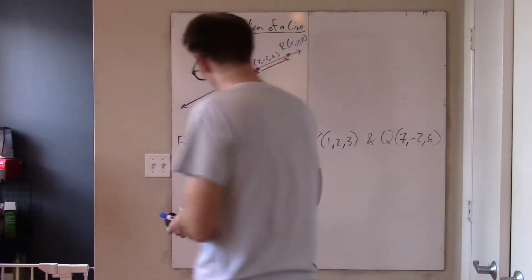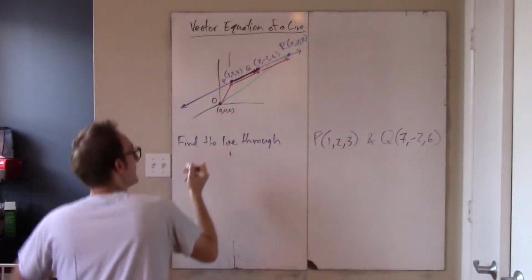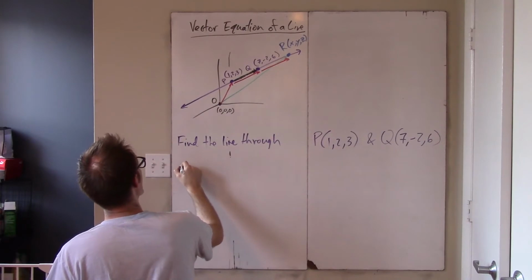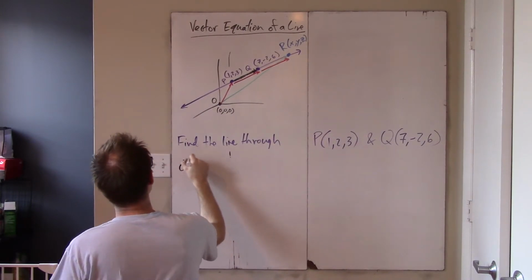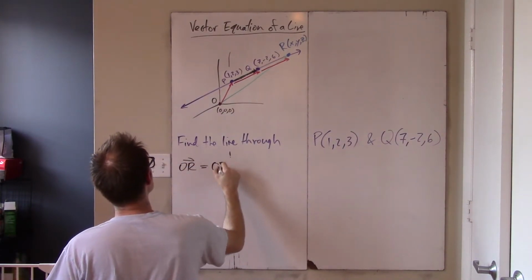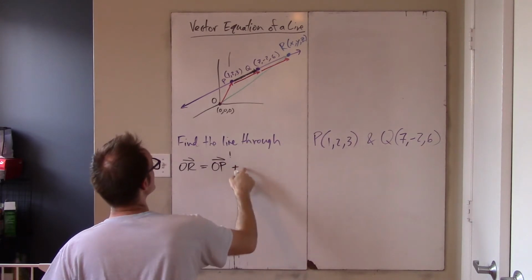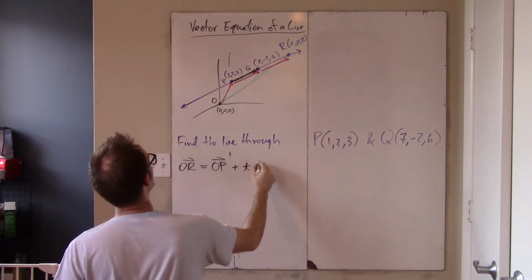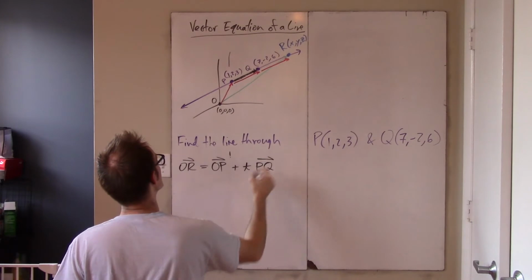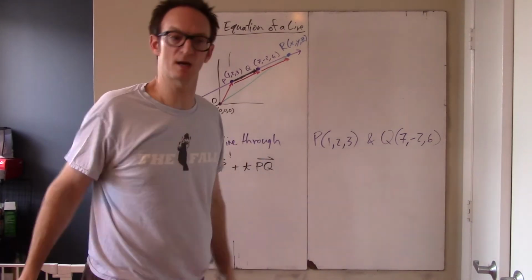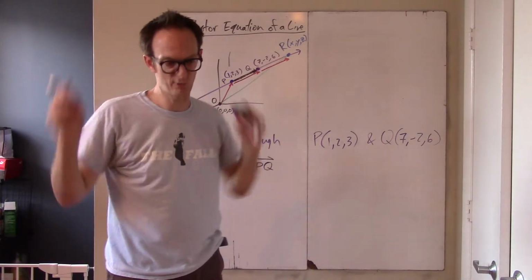And so there it is: the vector OR is really just the vector OP plus some number t of PQs. I use t to represent a so-called parameter. It's just some real number.